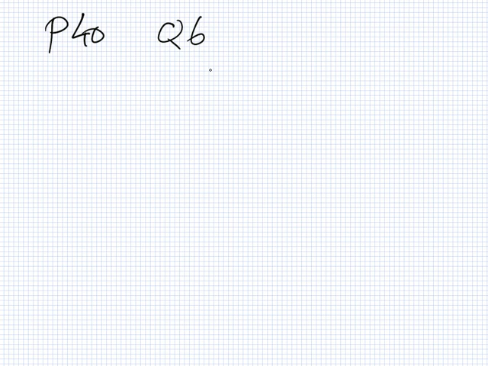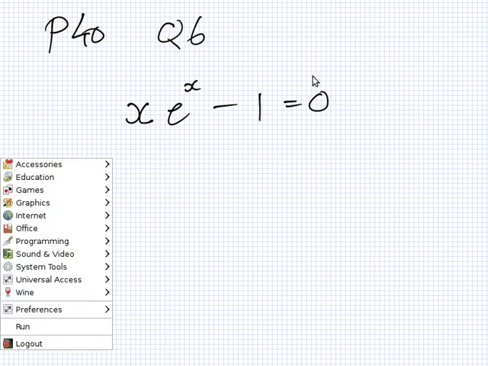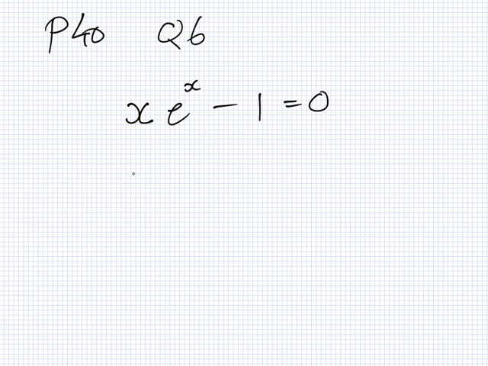Okay. What's the function? x e to the power of x minus 1 equals 0. Solve it. Let me open up my calculator. We first have to estimate roughly where the answer is. If I calculate f of 0, I'll get minus 1.